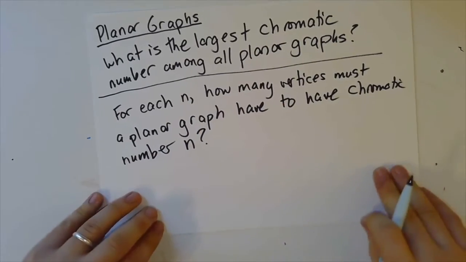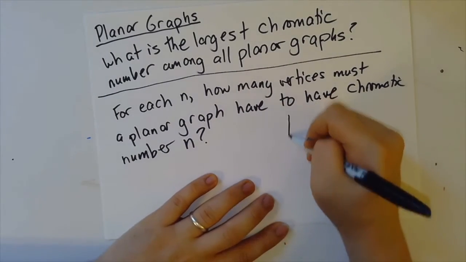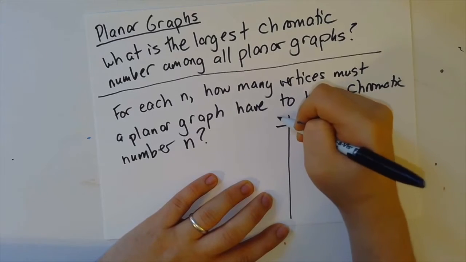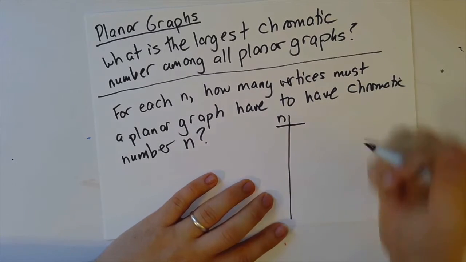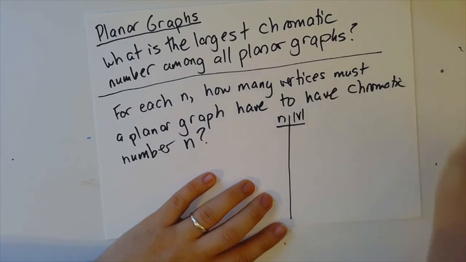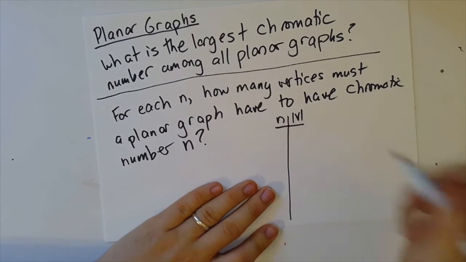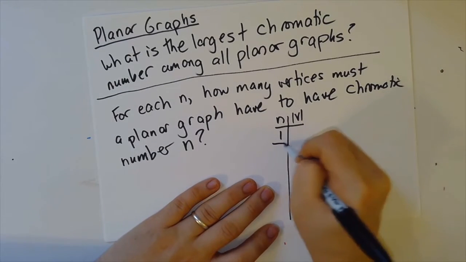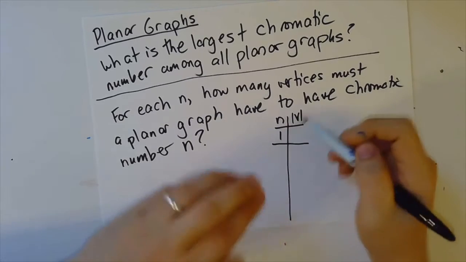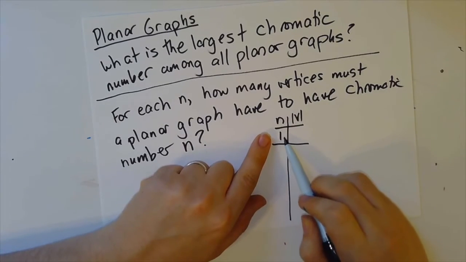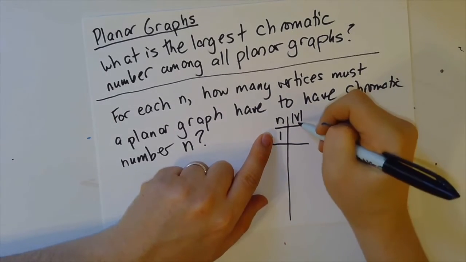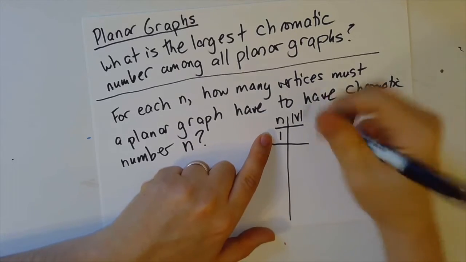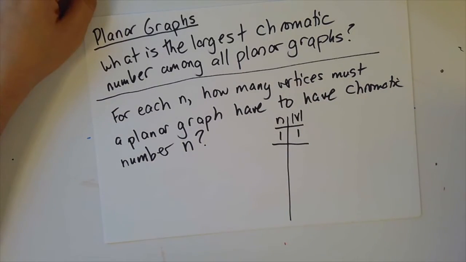Okay, so we have a table here, where on the one hand, I'm going to have n, and on the other hand, I'm going to have a number of vertices. Okay, so this chart is going to start off pretty boring. So 1, well, the number of vertices, it has to be, well, as soon as you have one vertex, your chromatic number is 1.